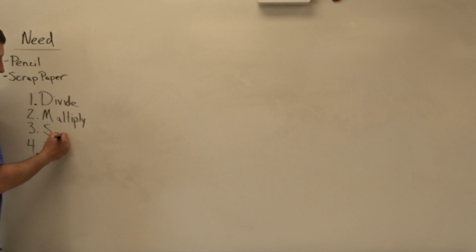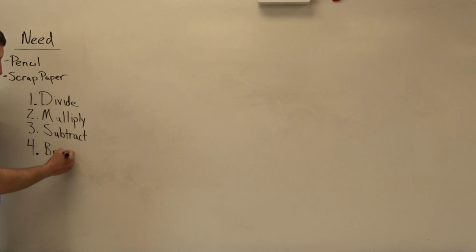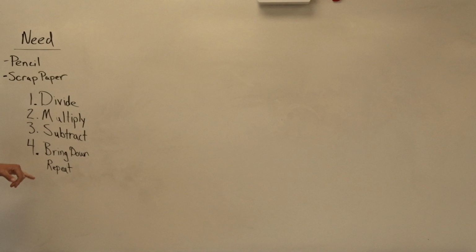Third step was to subtract. And then the fourth step was to bring down. And then if we have more numbers to bring down, once we bring them down, we want to repeat. If we run out of numbers to bring down, then we are finished with the problem. Okay?